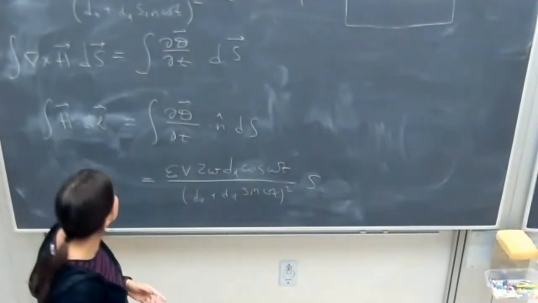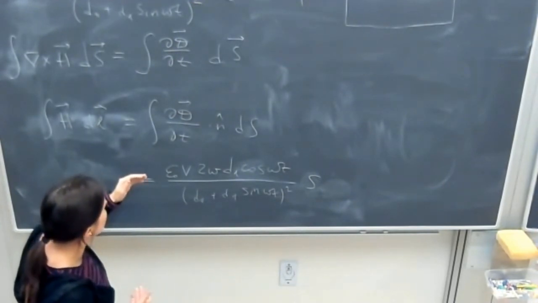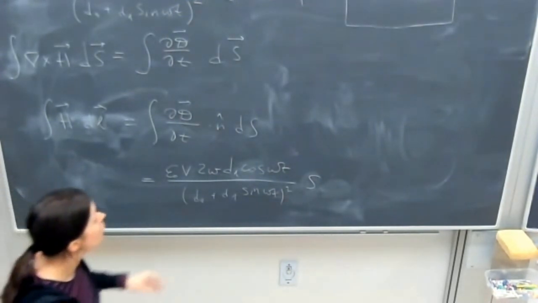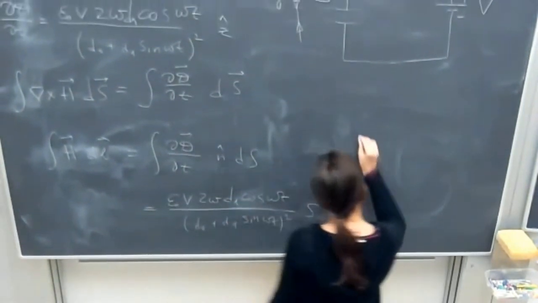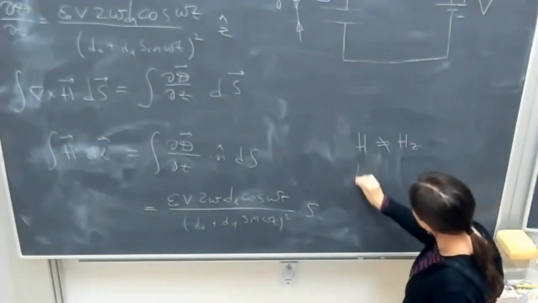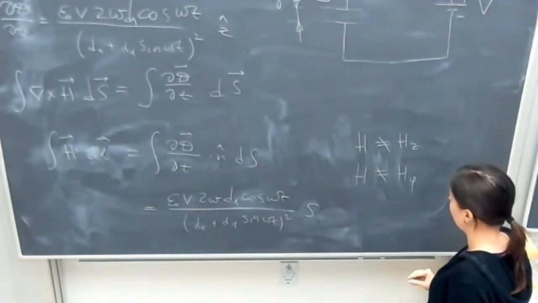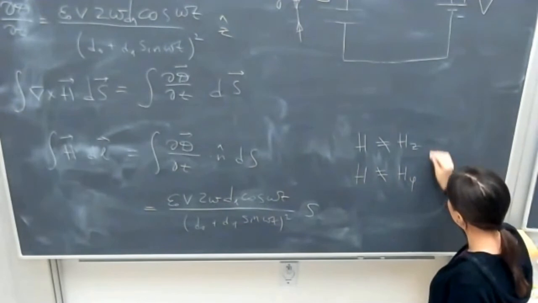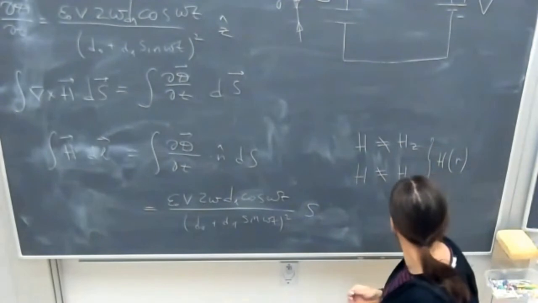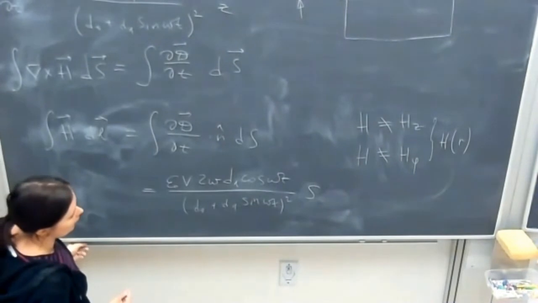H is rotating, and it is a cross product, perpendicular to the displacement field. What is important to notice is that H is independent of the translation direction and independent of the angular direction, but H depends on the radius of this dl of the integration line.